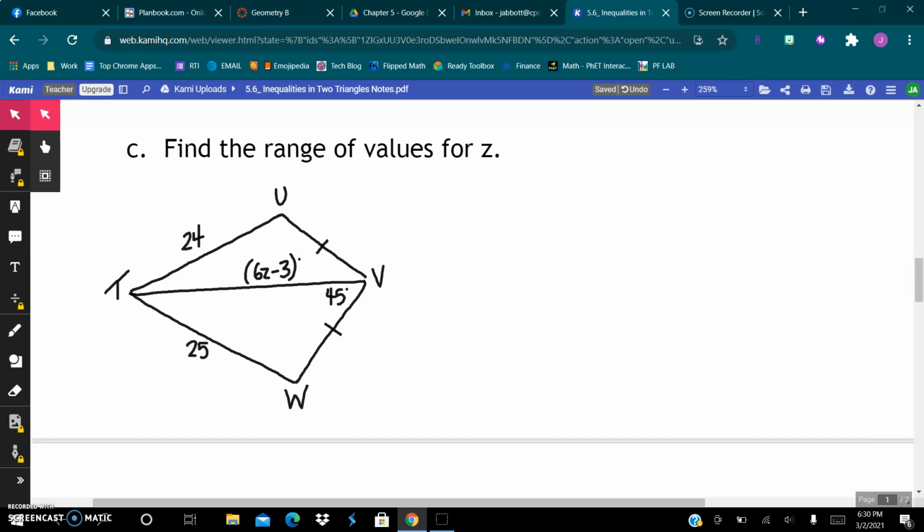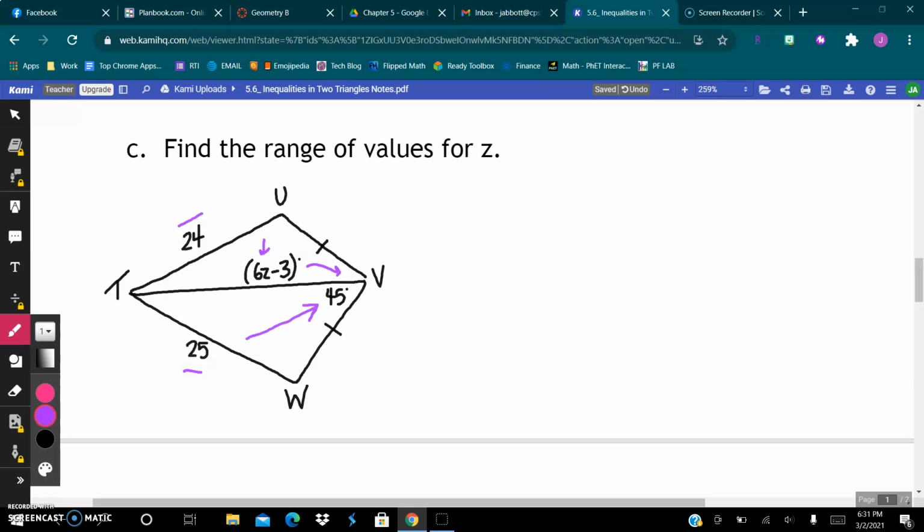All right. Find the range of values for z. So z here is in the middle, and the 6z minus 3 is actually the measure of this angle here. I just didn't squeeze it in there close enough. Because we know the side lengths here, we have 25 and 24. The 25 is bigger, so we know that this angle is larger than this angle.